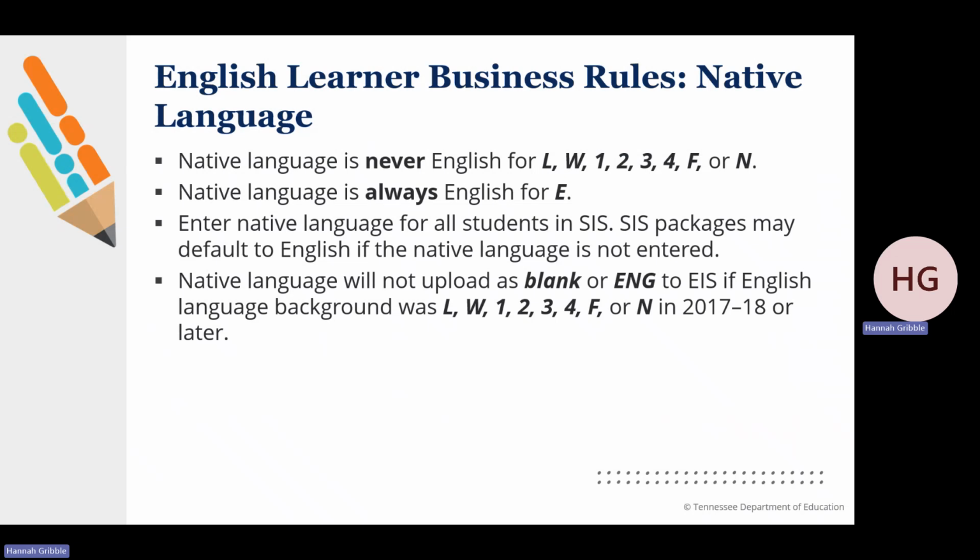SIS packages may default to English if the native language is not entered. Native language will not upload as blank or ENG to EIS if English language background was L, W, 1, 2, 3, 4, F, or N in 2017-18 or later.